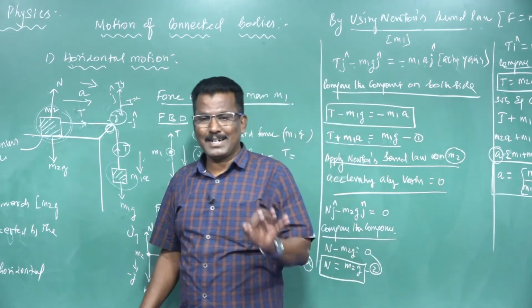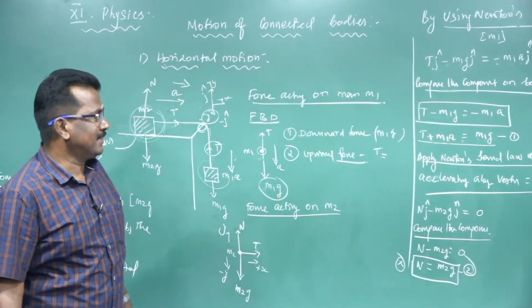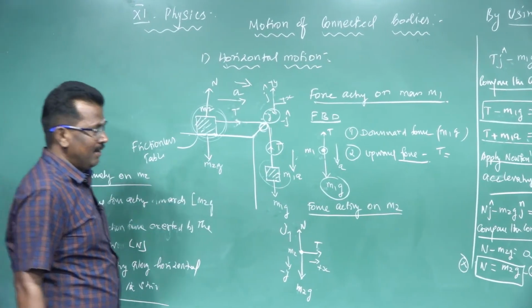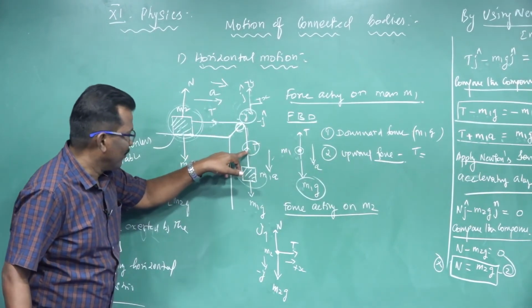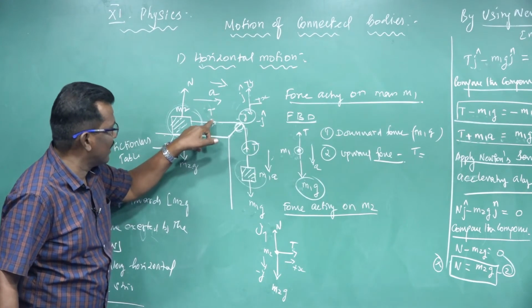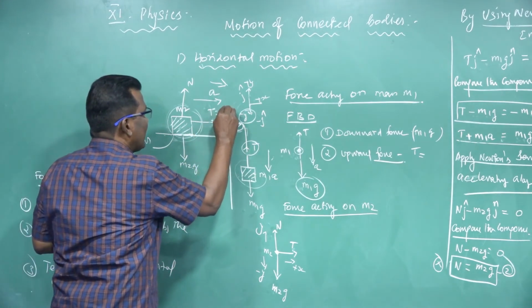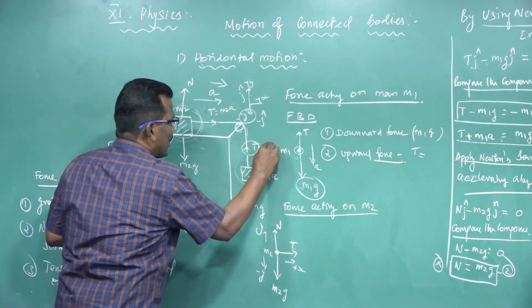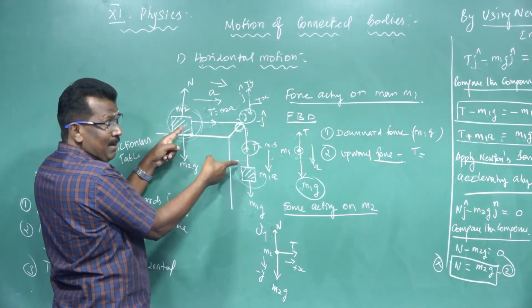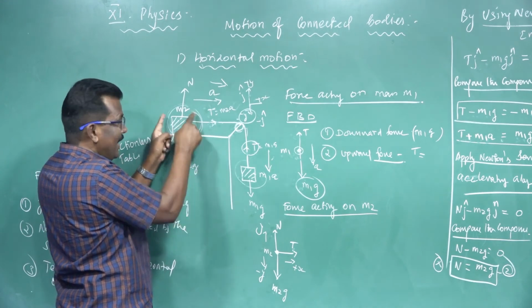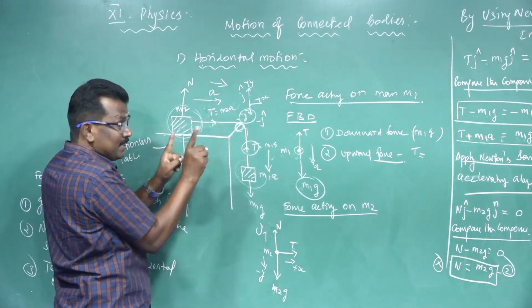What is the tension arising in the string, T? How to calculate? The string produces the same tension on both points, here m2a, here m1a, and the same acceleration.